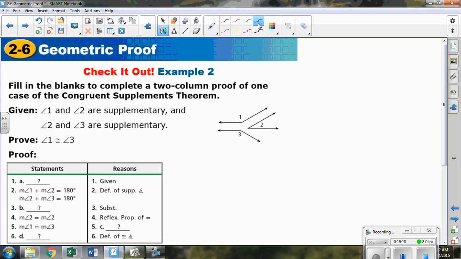So, over here with statement A, what is it that we know is true? What is it that we were given? Because our reason is that we were given that it's true, so what were we given?